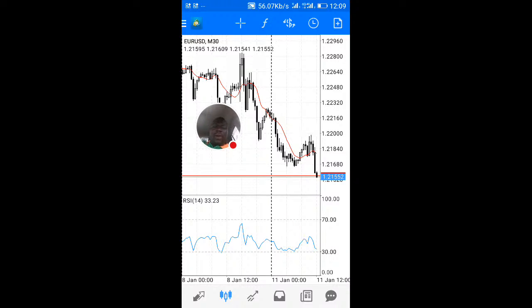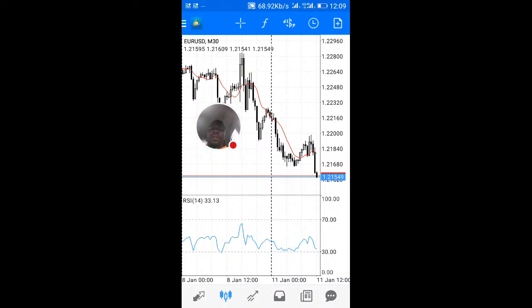Now we are around 21,550, and we are still waiting for this. And these areas, they are very difficult for us to enter in trade. We don't just jump, because for a sale, it is too late for you to enter a sale.